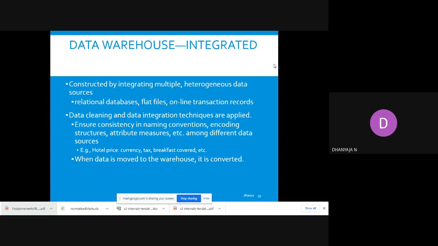That will help ensure data consistency, because the data warehouse is integrated, so we can ensure the consistency. An example is hotel price, where currency, tax, breakfast cover, etc. will be added in. When data is moved to the data warehouse, it will be in a converted format.